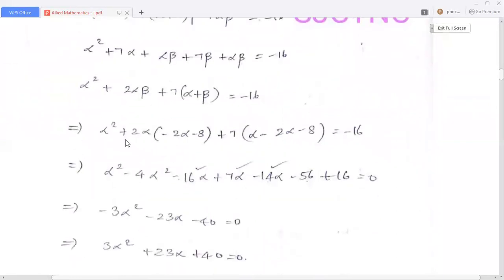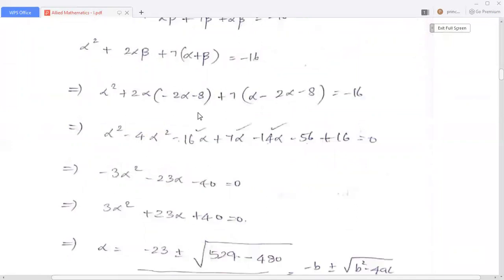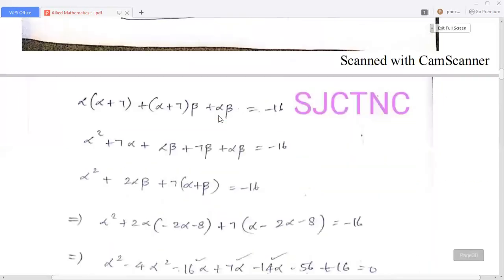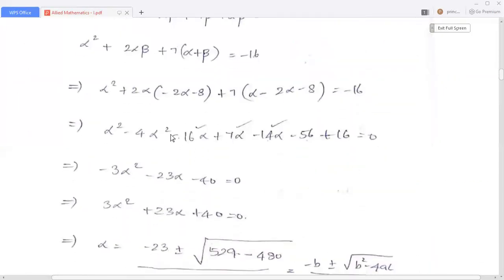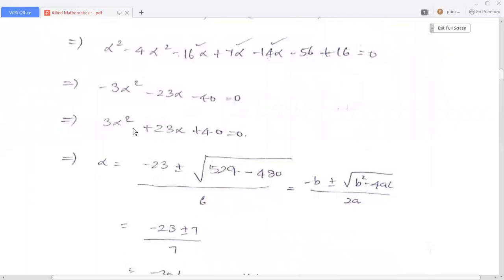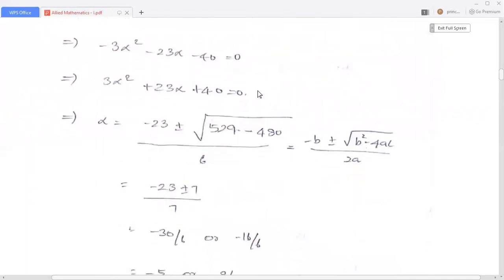Then we simplify this. Here we substitute the beta value. Then this equation is formed in terms of only alpha. So this will be a quadratic equation in terms of alpha. When you solve this, we get two values for alpha.